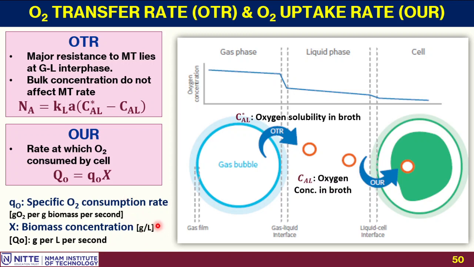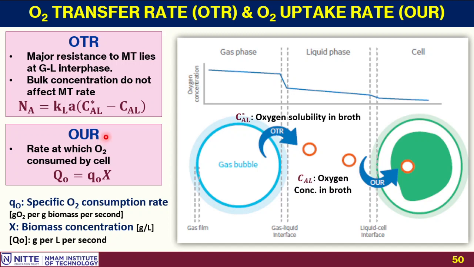The total oxygen consumed by the entire volume is called volumetric consumption. Volumetric consumption of oxygen by the microbe is Q naught times X, that is the oxygen uptake rate. In one volume of the bioreactor, total biomass is present. All the biomass put together, how much oxygen it is able to consume, that is the oxygen uptake rate.